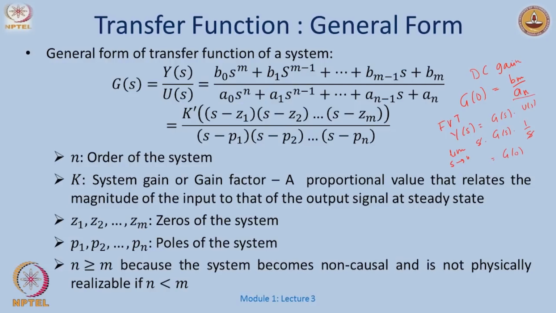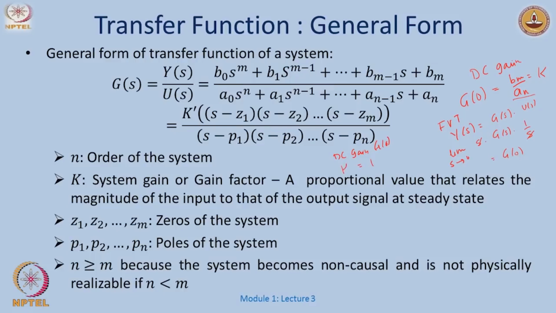These Z's are called the zeros of the system. I will shortly define them formally. P's are called the poles of the system, and if I write my system in this form, my DC gain again would be G(0), let us call this k.